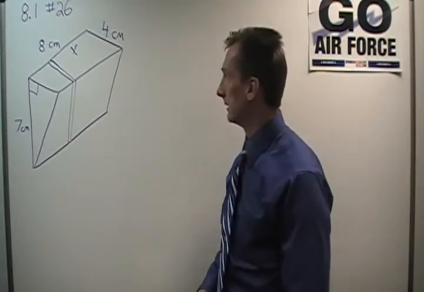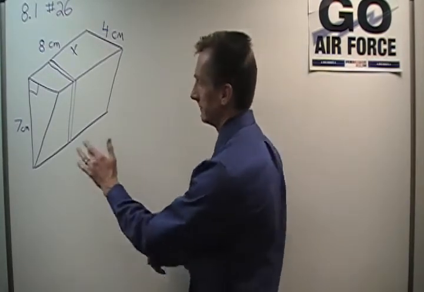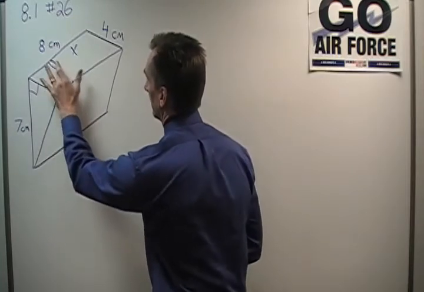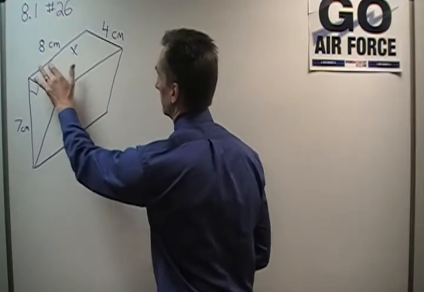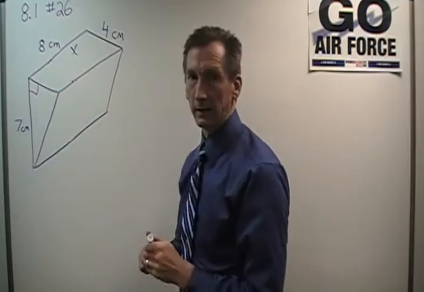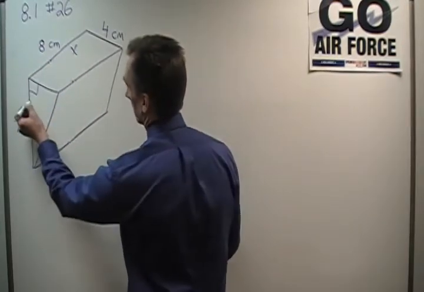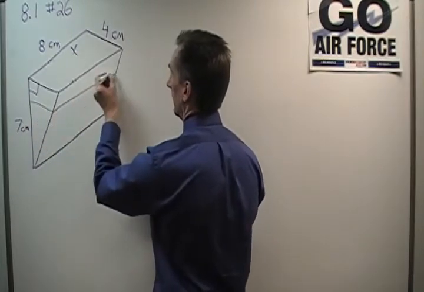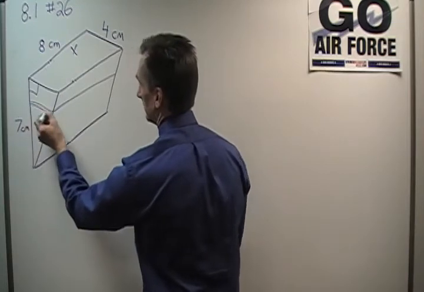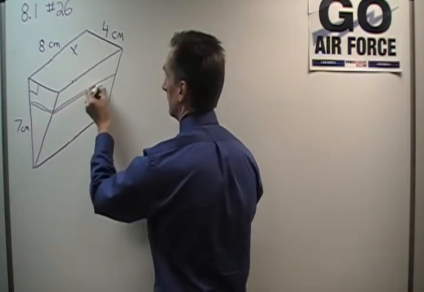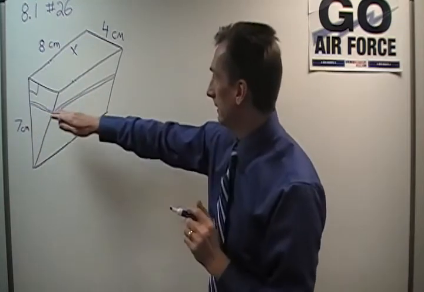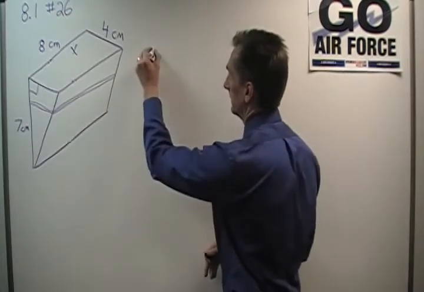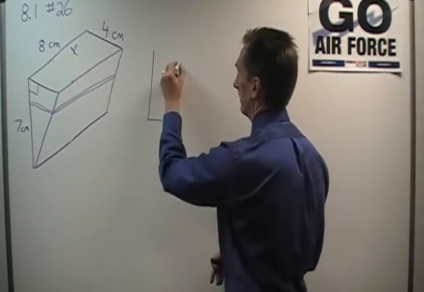Alrighty, I've got the board all cleaned off again. Now, instead of slicing it in this manner, we're going to take a slice in another direction. We're going to slice this thing across here and in this fashion. If we slice it this way, the shape of the pieces that we pull out are, of course, rectangles.